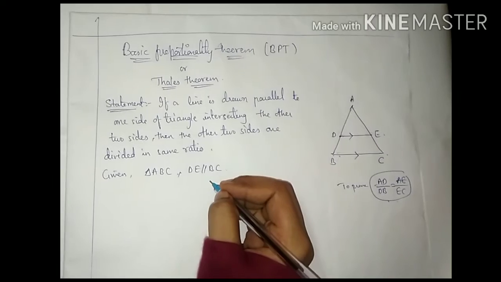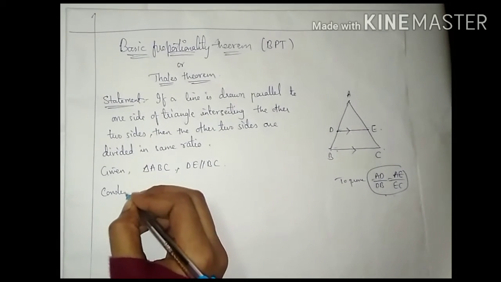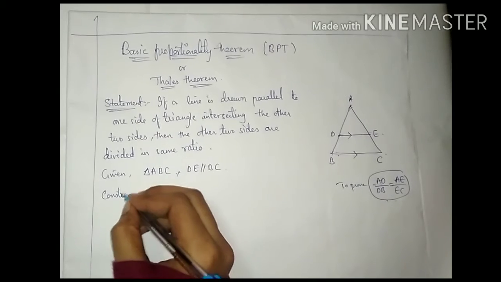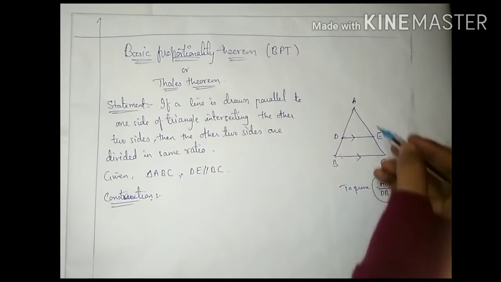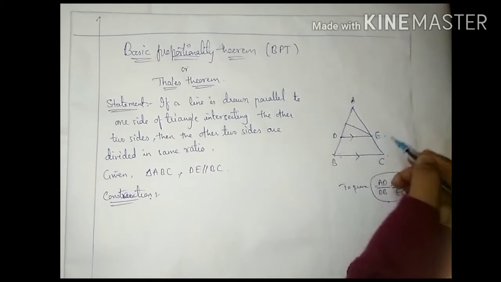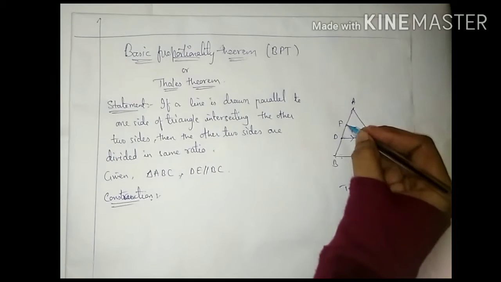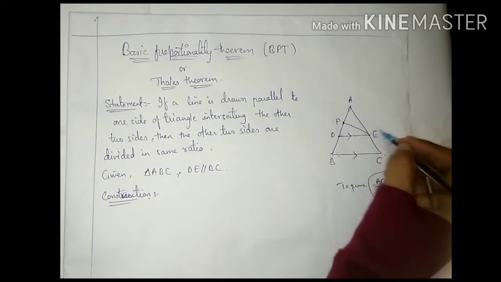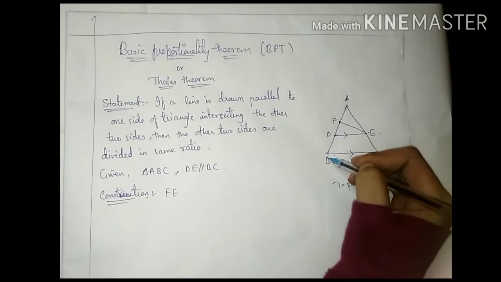Now we will do the construction. We will draw a perpendicular line, let us name it as F. This line FE is perpendicular to AB.